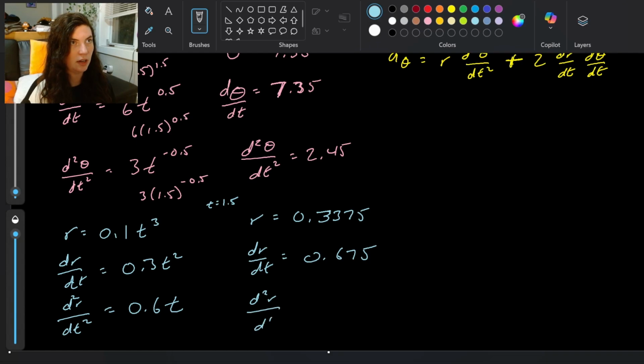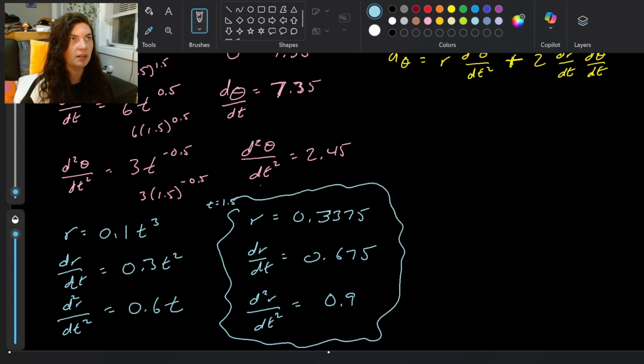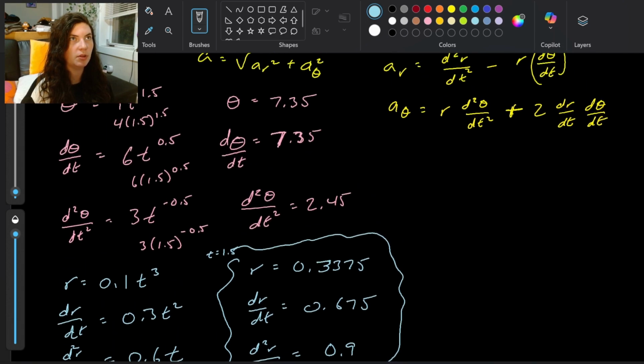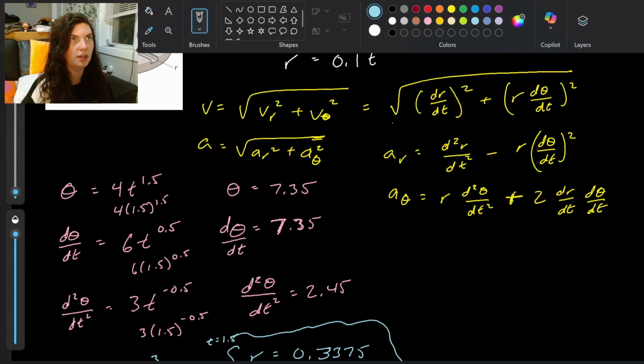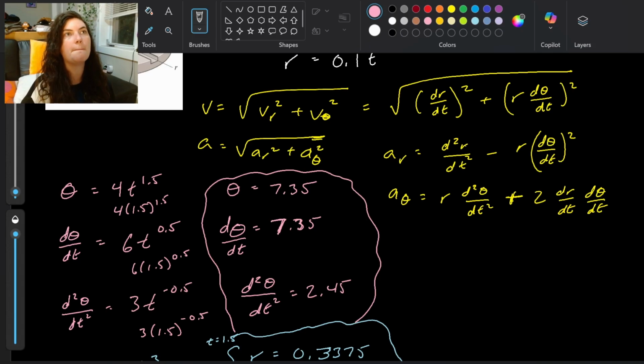And d squared r dt squared, our second derivative, plug in 1.5 for t, gives me 0.9. So now I have all these values. The values are really what I care about. The values are what are going to get plugged into all of those fun equations up there, all these thetas and all these r's that we found.